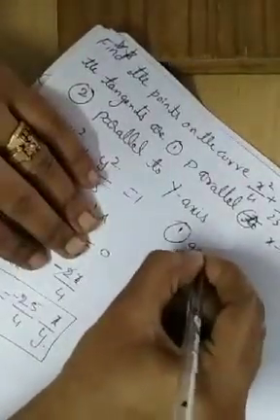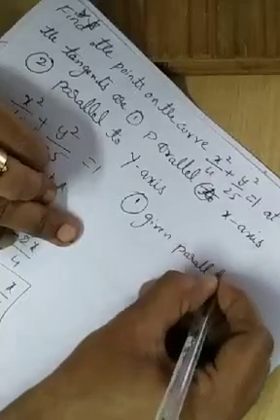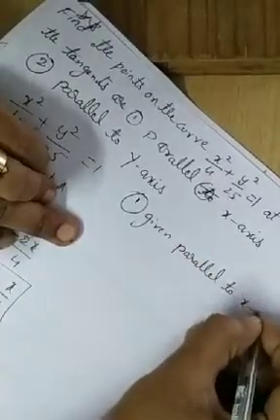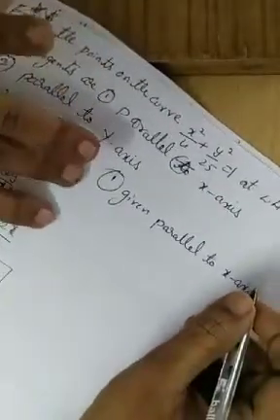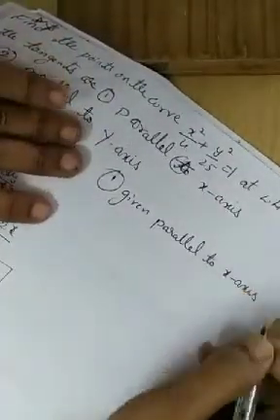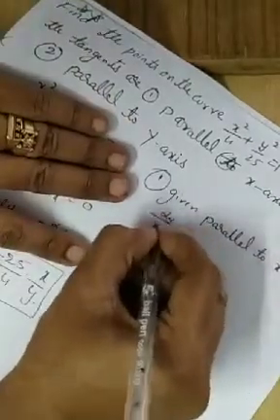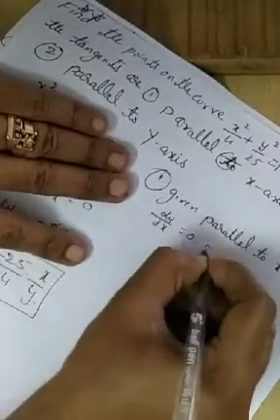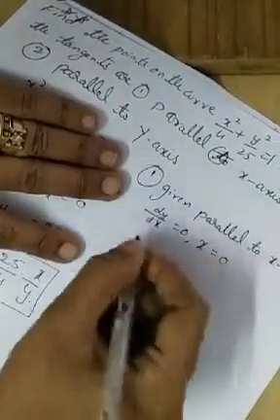First condition. What is the first condition? Given tangent is parallel to x-axis. If tangent is parallel to x-axis, then dy by dx is also 0 and x is also 0.